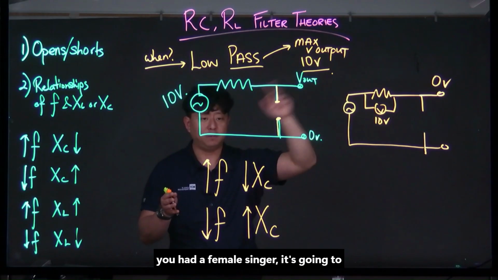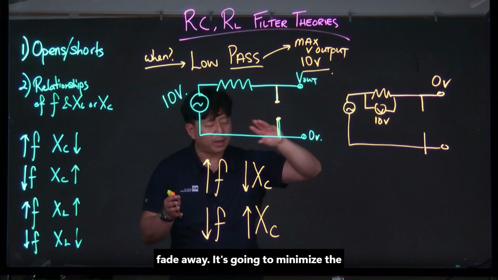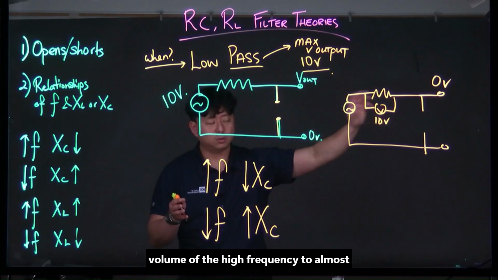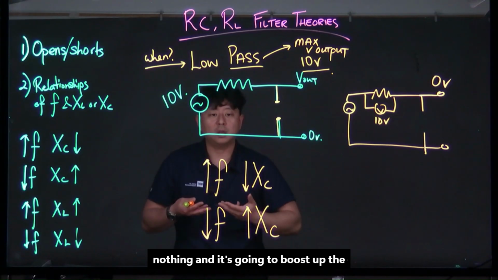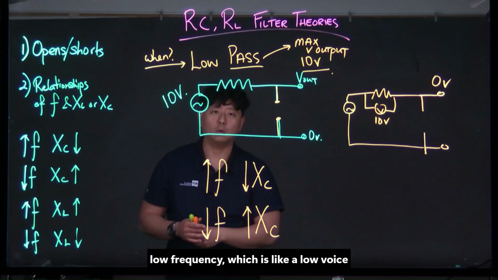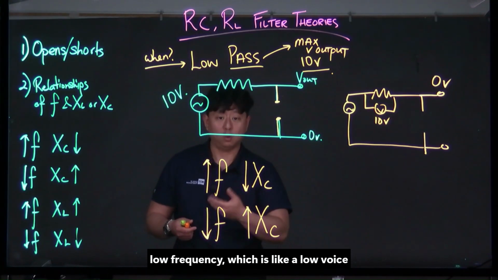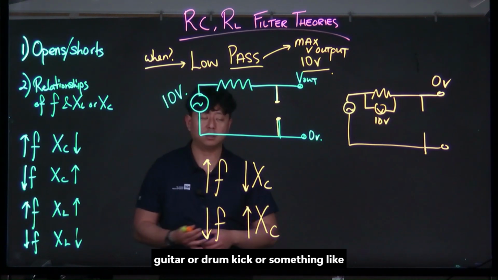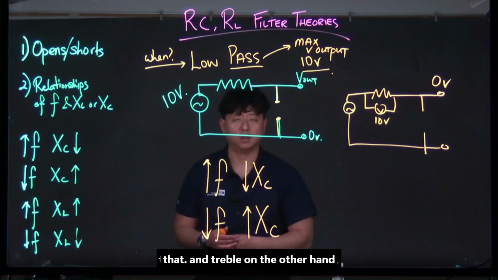If it had a female singer, it's going to fade away. It's going to minimize the volume, the decibel, of the high frequency to almost nothing, and it's going to boost up the low frequency, which is like a low voice like mine, or like the bass guitar or drum kick or something like that.